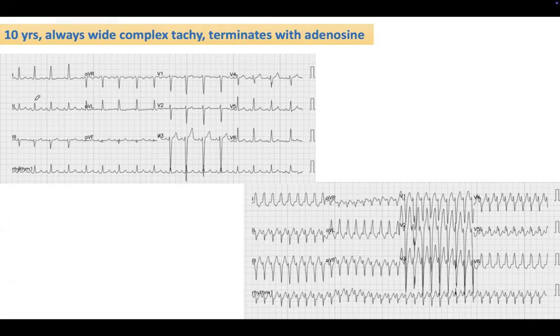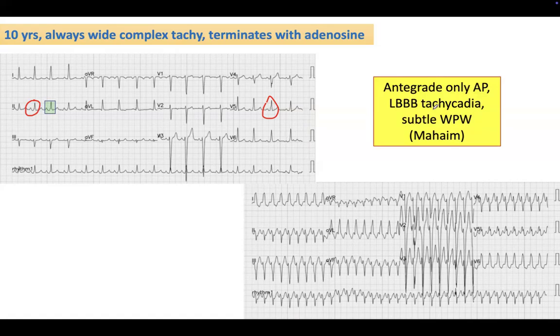If you look carefully, you wonder whether there's a delta wave that is very subtle, PR borderline, difficult to say. But when you see subtle delta and you see the patient going into tachycardia that's always wide complex, of course you should think of antidromic SVT.